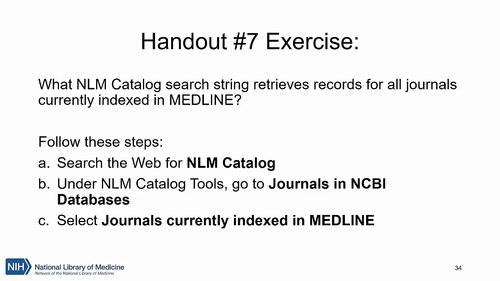Once you're in the catalog, under the NLM Catalog Tools menu, select the Journals in the NCBI Databases link. And then on that page, click Journals Currently Indexed in Medline, located below the search bar. And then take a look in the search bar and you'll see a search string that appears, and that's the answer we're looking for. So once you've got that, give me a thumbs up, and then we'll review together.